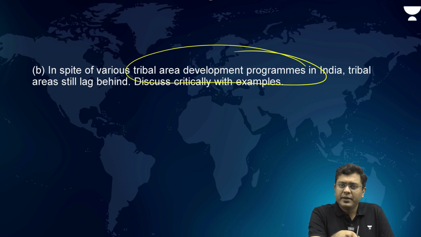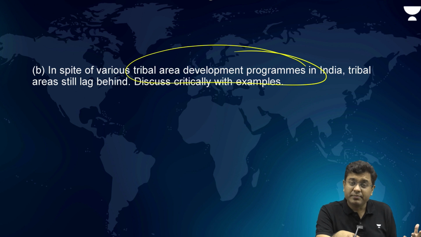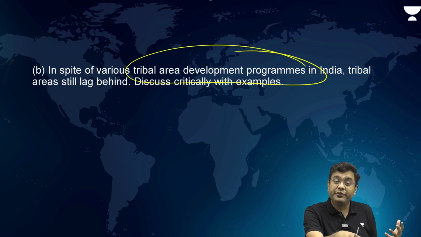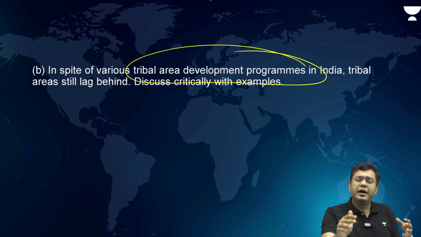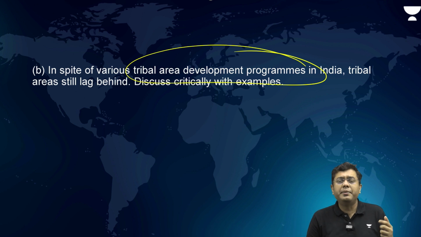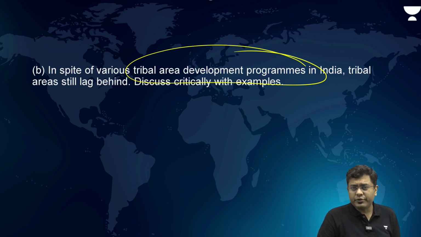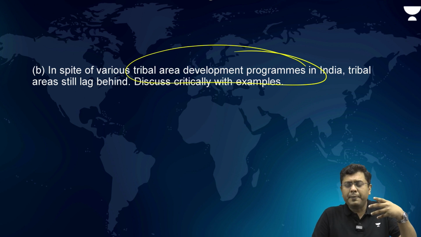Why? The areas lag behind because of lack of connectivity, they are still very isolated, they don't have proper infrastructure which still requires to be given. Then you also have a kind of geographical isolation of many of the tribal areas, for example, in the island regions. Then in many of the tribal areas in the northeast, you also have the cultural factor, where greater assimilation is still not happening.